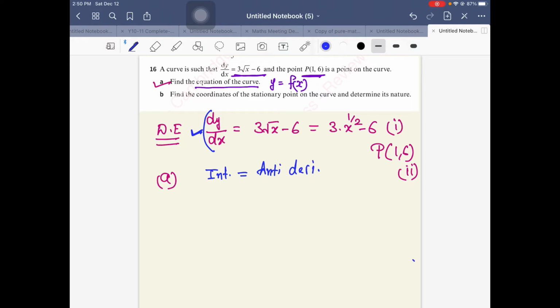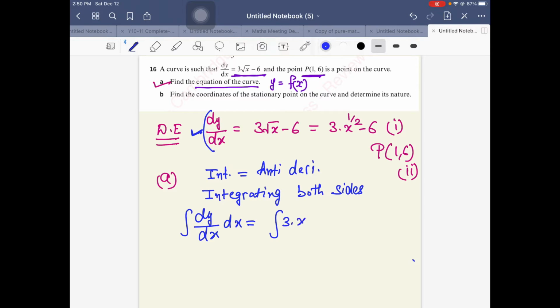So integrating both sides, I get the integral of dy/dx with dx is equal to the integral of 3 times x power half minus 6 dx. So we are integrating both sides of the first equation, which was the differential equation.